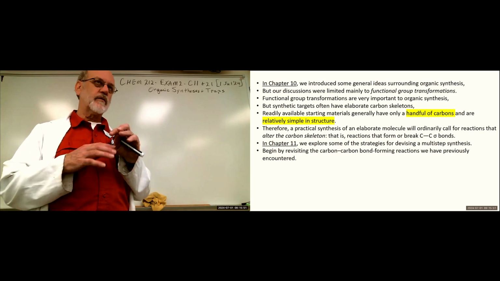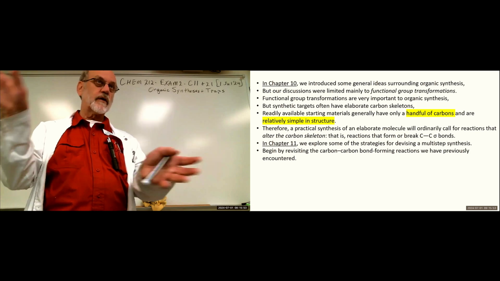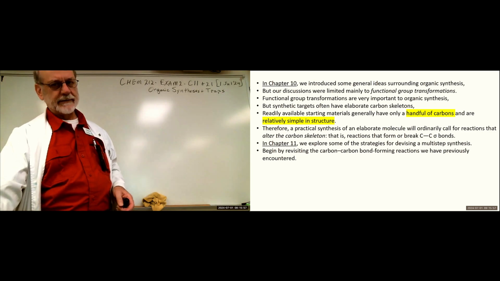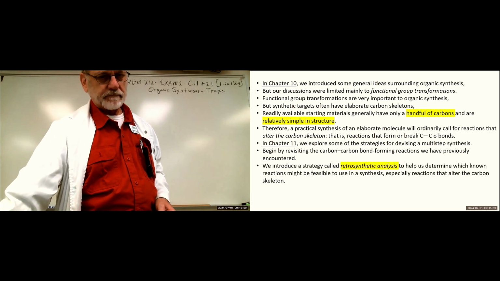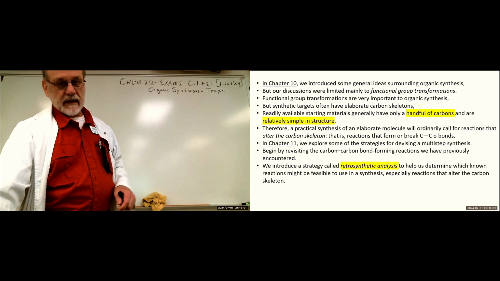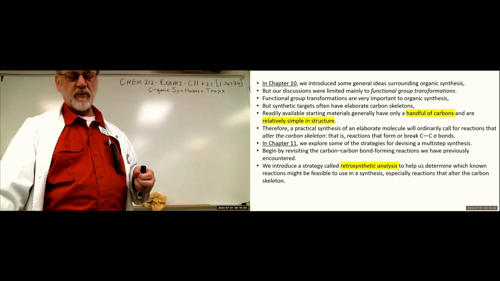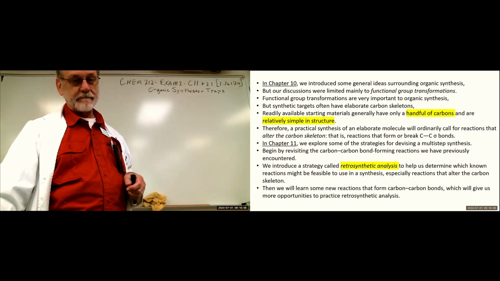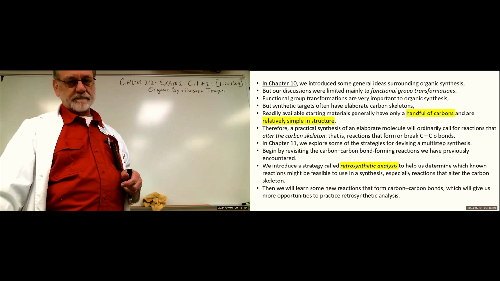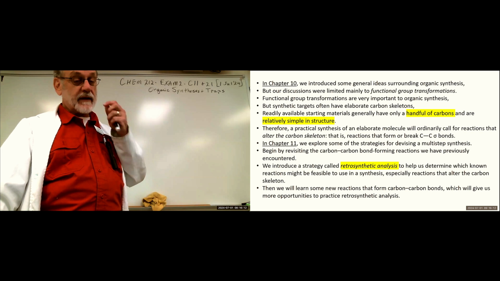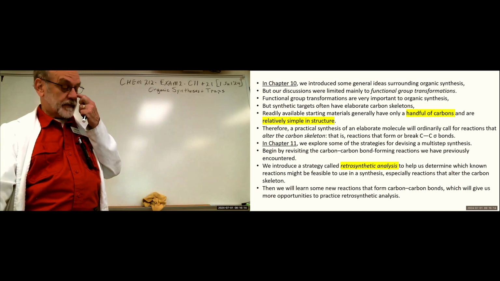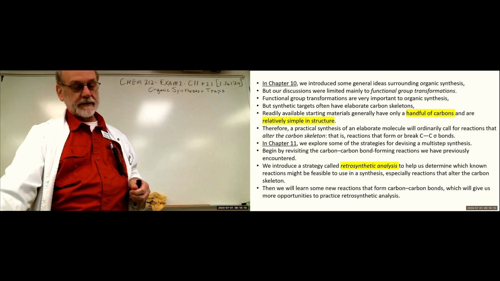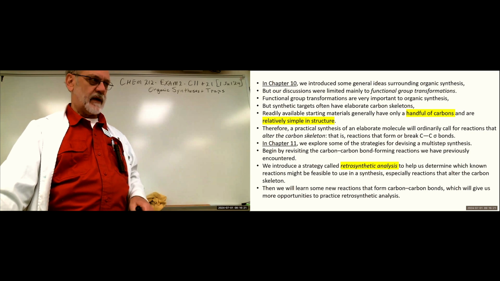Once you're satisfied with your retrosynthesis, you reverse it and fill in all the details like you would with any other synthesis. The proper term is retrosynthetic analysis. We're also going to add some new reactions that help us modify the carbon skeleton, and those should be in that handout.